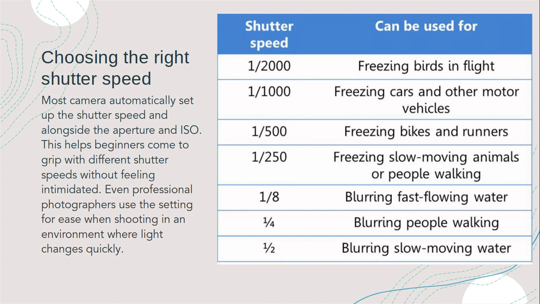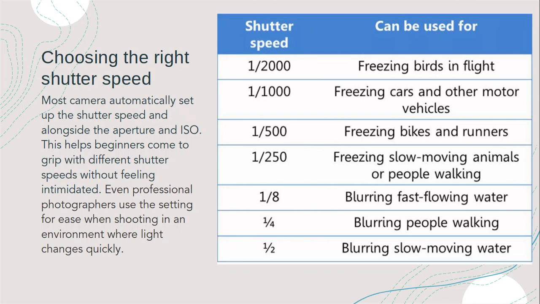And these are the shutter speed settings that you could go for, when and where, and what they could be used for. So let's say 1/2000th of a second is for freezing birds in flight.